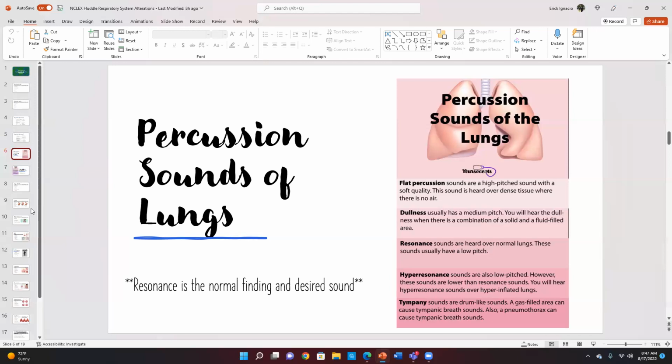And this is very common in your emphysema patients, okay, your COPD emphysema patients. Now, tympanic sounds are like drum sounds, and so a gas-filled area can cause tympanic breath sounds, and also a pneumothorax can cause these tympanic sounds.